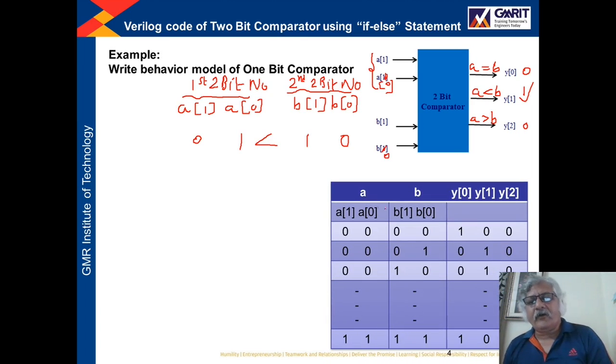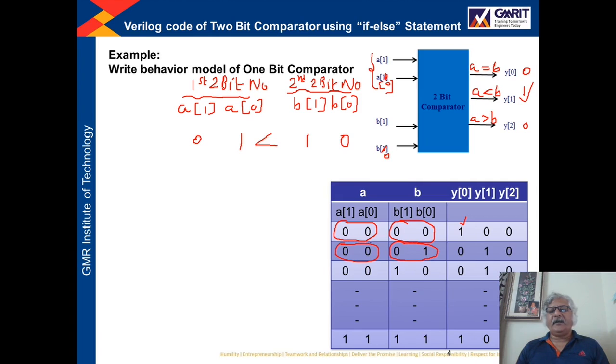So 1 at output Y1 indicates that A is less than B, right? So the truth table for this is like this. Here the first number is suppose 0, 0, and the second number is 0, 0. In this case, output Y0 is 1 and the remaining two outputs are 0. Now the first number is 0, 0 and the second number is 0, 1.